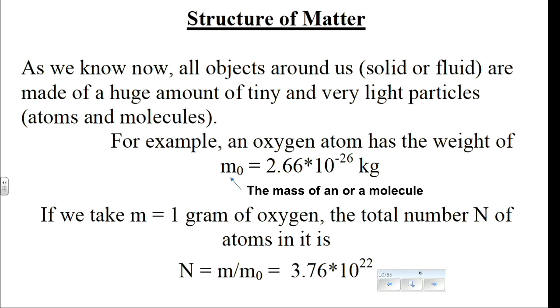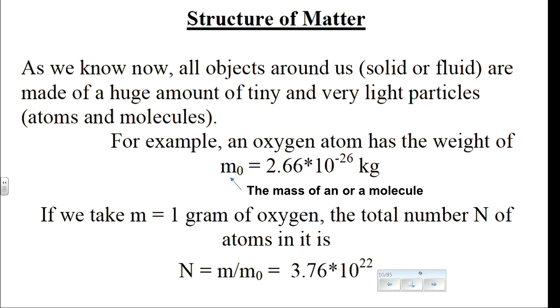This is what you know from chemistry. If we look inside every object, we see billions of billions of tiny particles, atoms and molecules, and they constantly move. By now we know lots of stuff. For example, we know that they're very light.